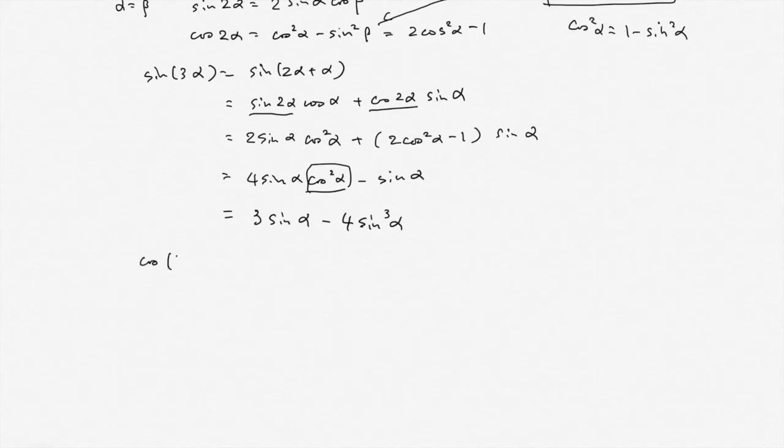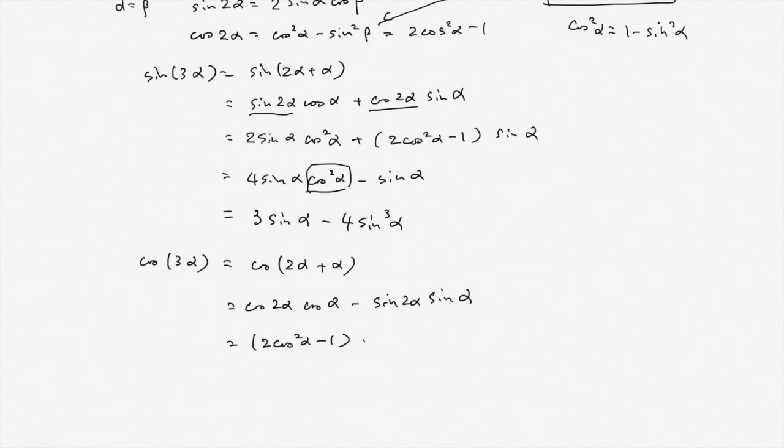Also, you can use the same way to prove the triple angle formula for the cosine. Cosine 2 alpha plus alpha: cosine 2 alpha cosine alpha minus sine 2 alpha sine alpha. Cosine 2 alpha is 2 cosine square alpha minus 1 times cosine alpha, minus 2 sine square alpha cosine alpha.